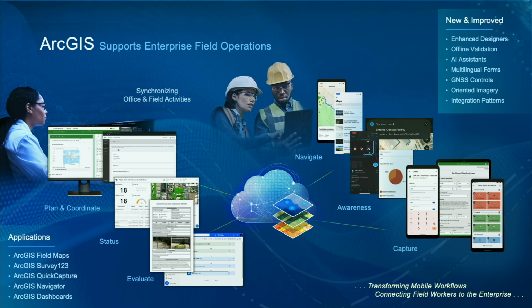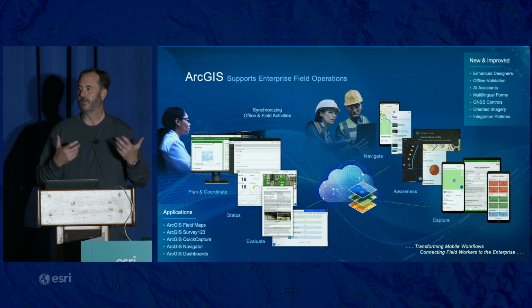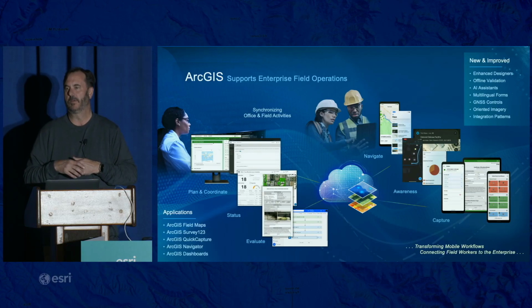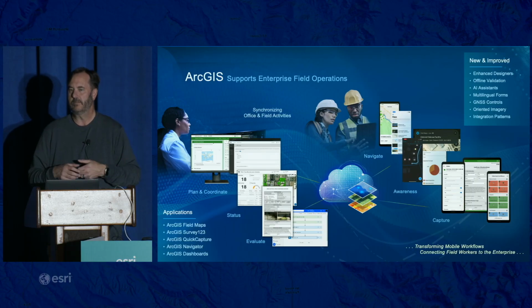So we look at the patterns of use, we build capabilities into our products that fit into those key patterns, and we build upon that with either new applications or functionality into each of the individual products. And those key patterns are really centered around how you plan and coordinate your field work, how you get to your field work location in the most efficient manner, how you can use maps and GIS content to enhance situational awareness, and how you can do data capture in the field and inspection workflows in the field.